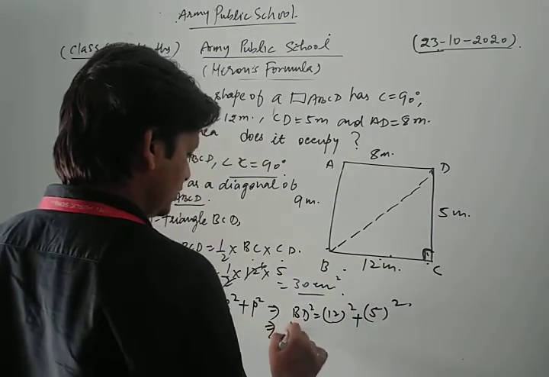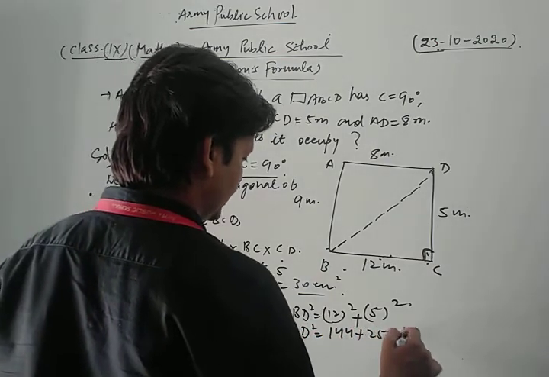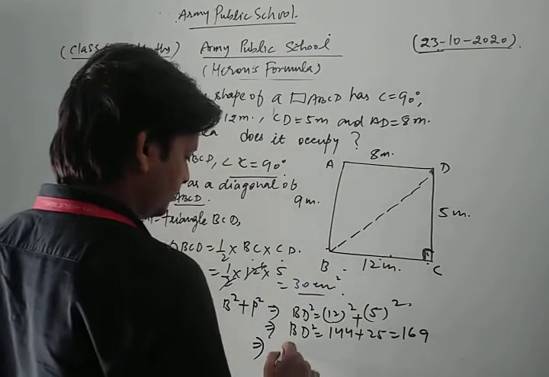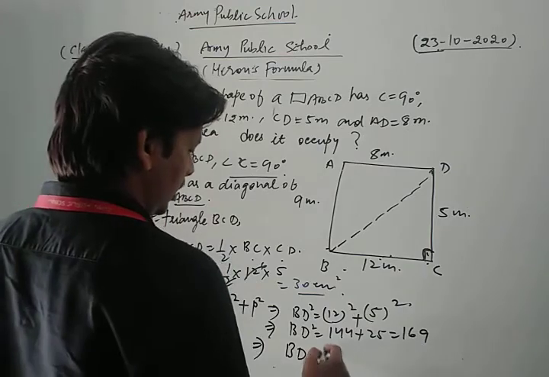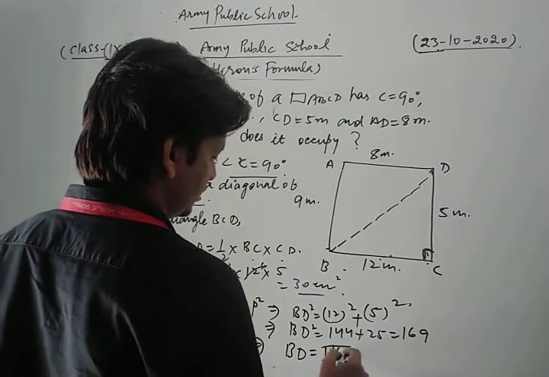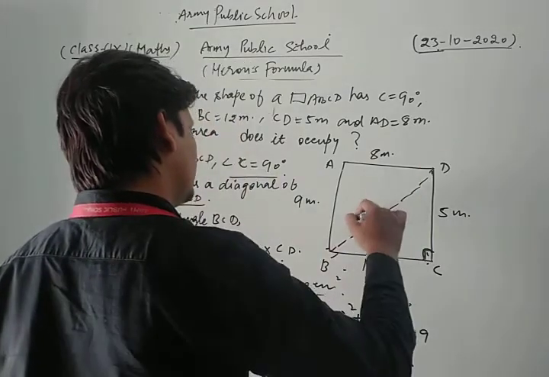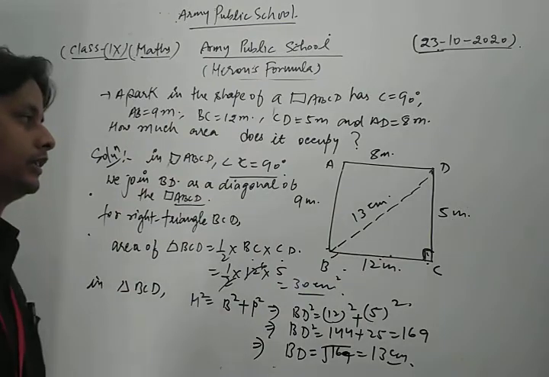So we get BD square equal to 144 plus 25, that is 169. Thus BD is equal to under root 169, which is 13. So the value of the diagonal is 13 meter.